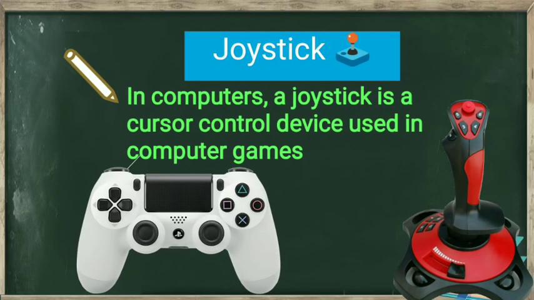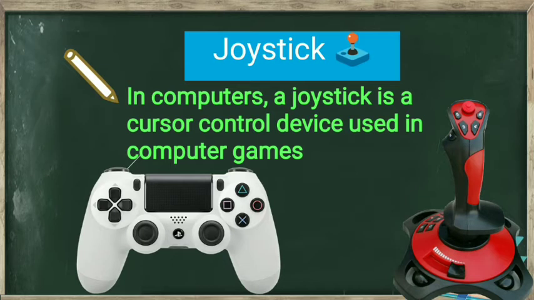Again, next one, joystick. The white color joystick is the old version, and the new version of the joystick is this red and black color one. Here, joystick is also a pointing device.